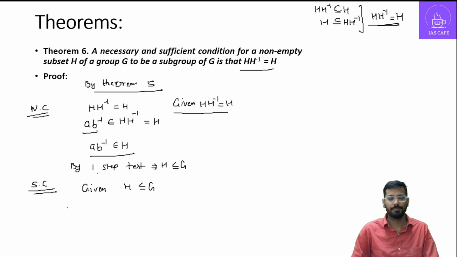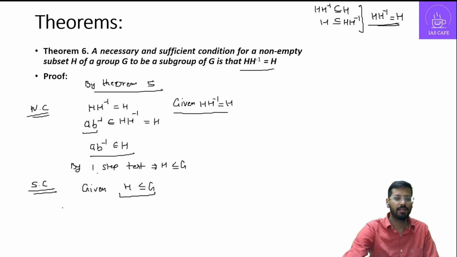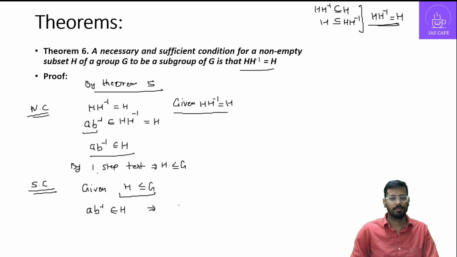Now, by closure property, by one step test, by the fourth theorem, using this theorem, we can write if H is a subgroup of G, then A B inverse belongs to H. But by definition of H inverse, A B inverse belongs to H inverse also.